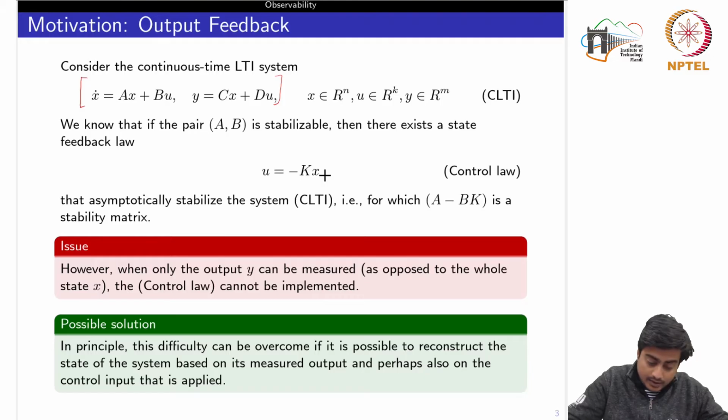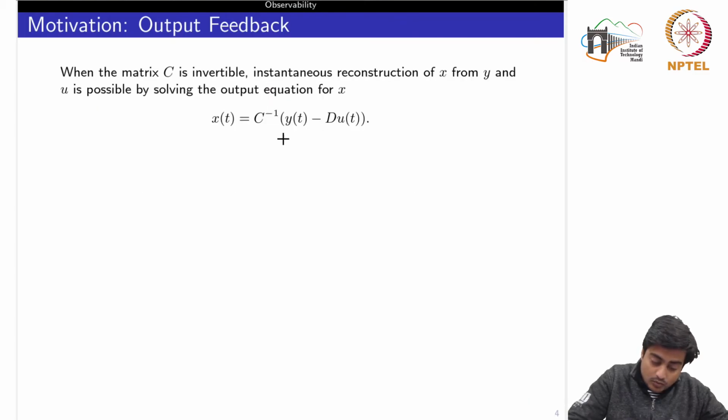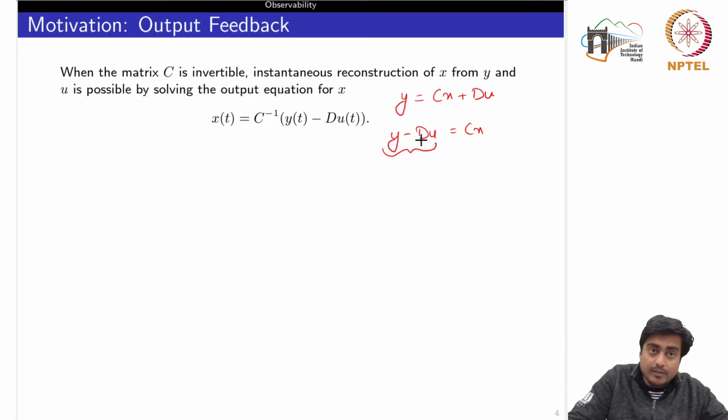Now there are other ways of constructing this x also. Trivially speaking, see the output equation, y is equal to Cx plus Du. The signal u is already a measured signal, so I can take this Du onto the left hand side. So y minus Du is equal to Cx, and because the D matrix is known to me, u signal I am measuring, and similarly y, I can denote this as some y tilde equal to Cx.